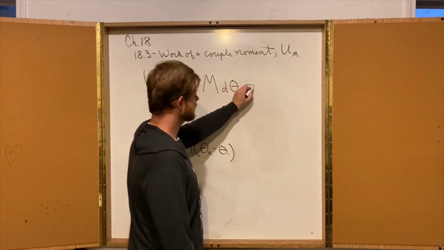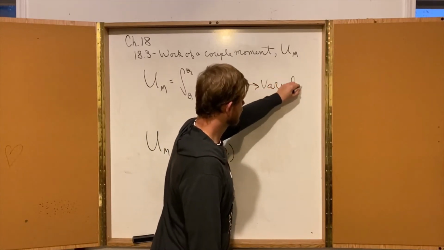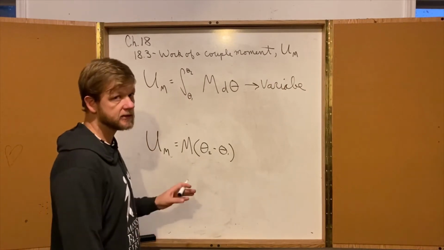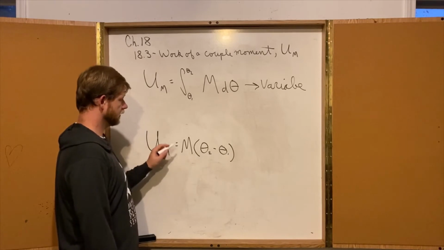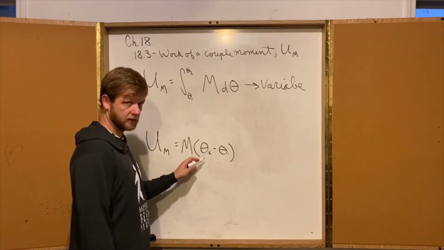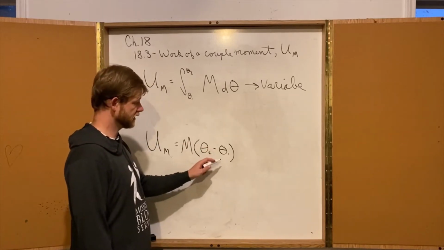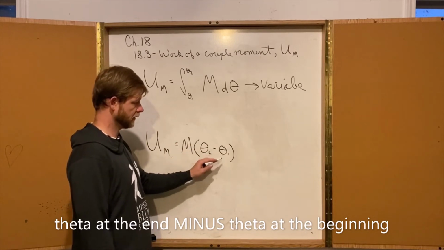Now this is if it's variable. If your moment is variable, you have to integrate. If your moment is constant, you do not. It makes it a lot easier. So the work of the moment equals the moment times the end position of theta minus the beginning position of theta.